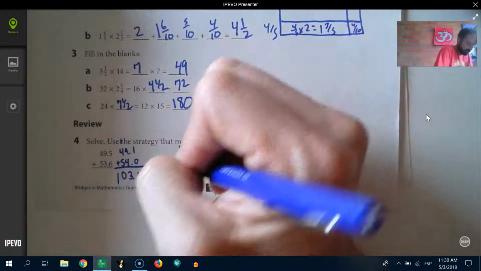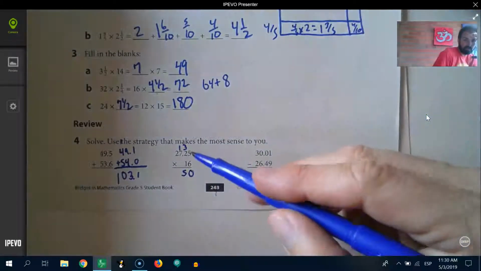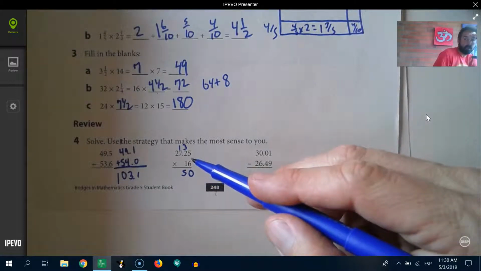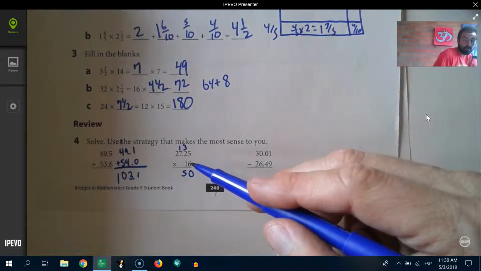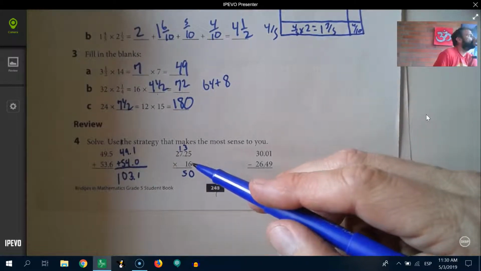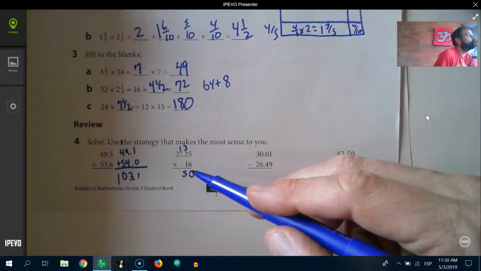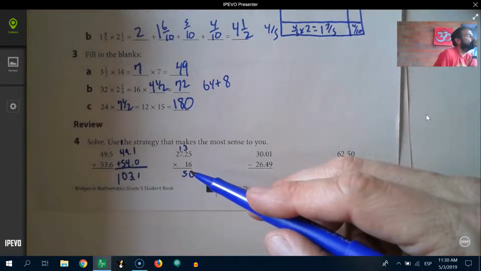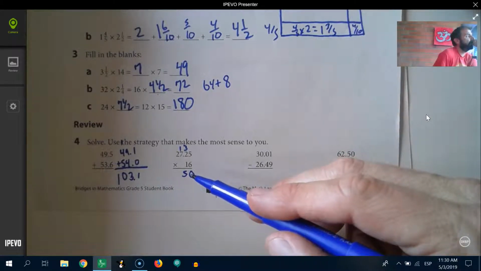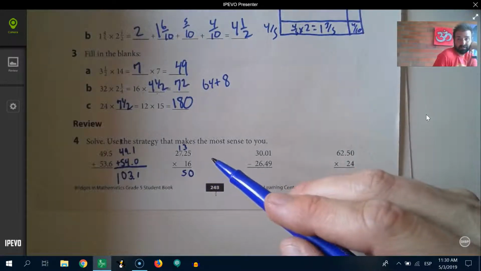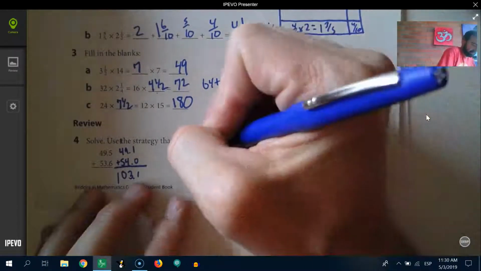Oh, I didn't make a prediction. I know 27 times 10 is 270. 27 times 20 would be 540. So my answer is going to be in between 540 and 270, like 300, 400? So I'd say around 427. 430 would be my prediction.